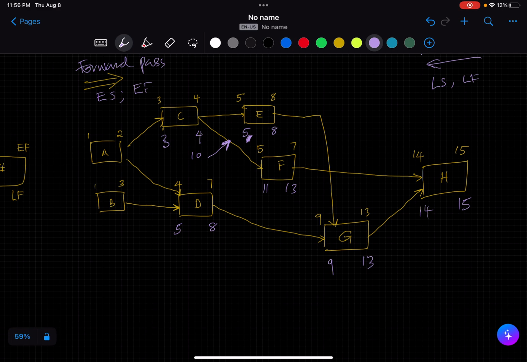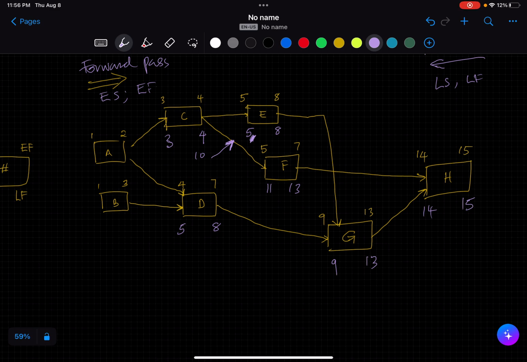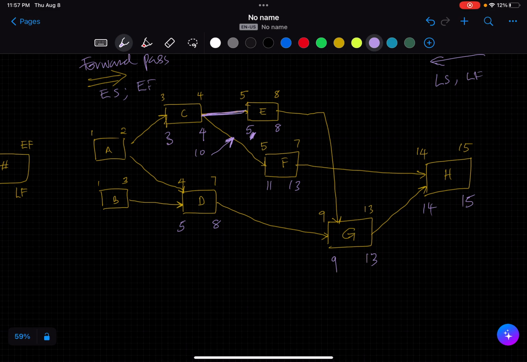So there's no way we can accommodate C overlapping E, even though it has some room that we can play with if it was just F. But because E is here, E has set sort of like an iron bar for it. So the latest finish date for C has to be that it doesn't affect the latest start date for E. I hope that is clear. Okay, so I'll erase this.